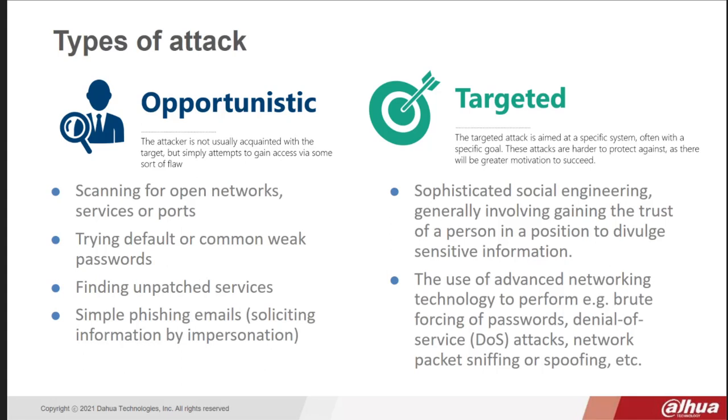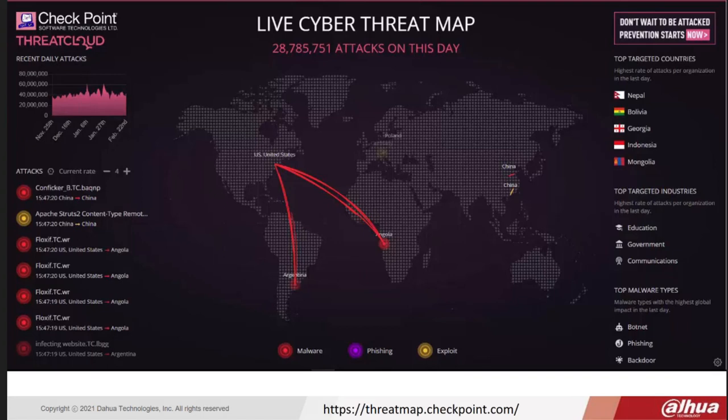They might also use other advanced networking technologies. They could perform brute force password attacks, denial of service (DOS) attacks, and packet sniffing, that is. So, the gravity of the situation is pretty bad.